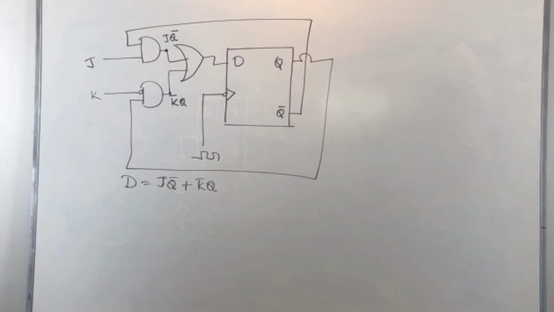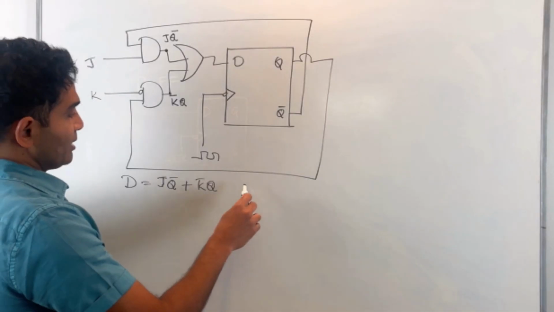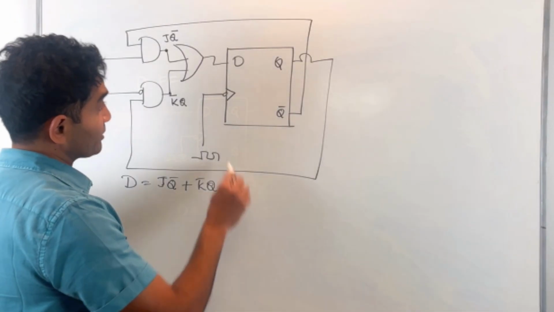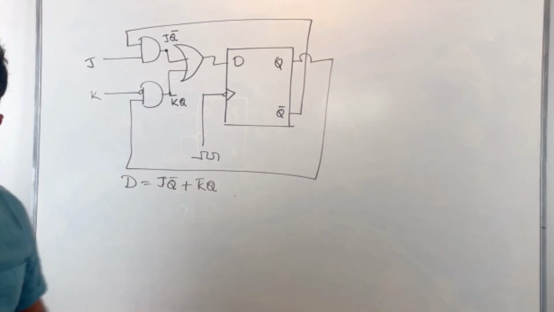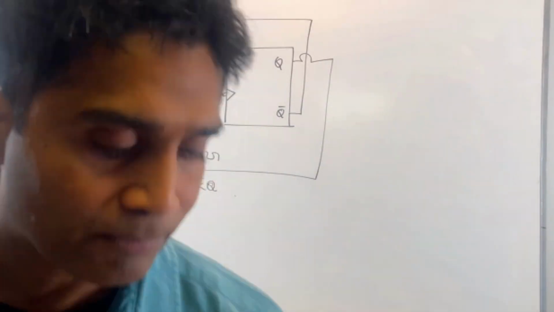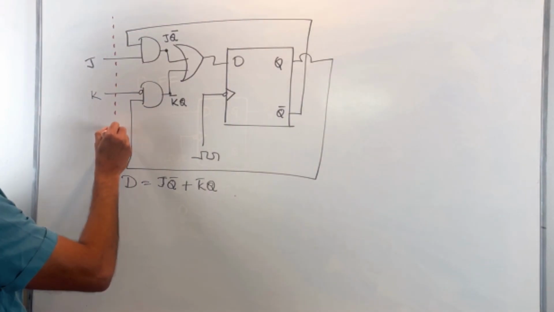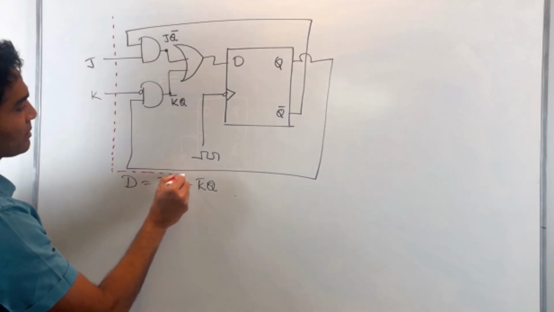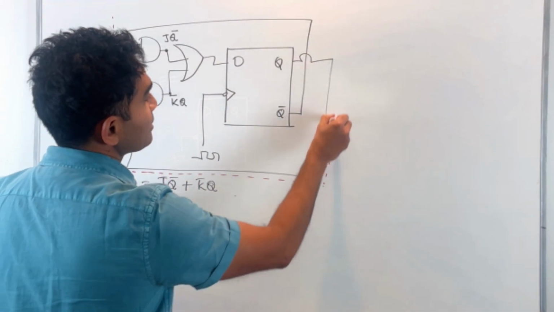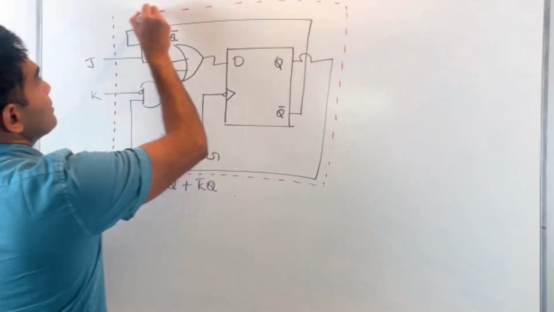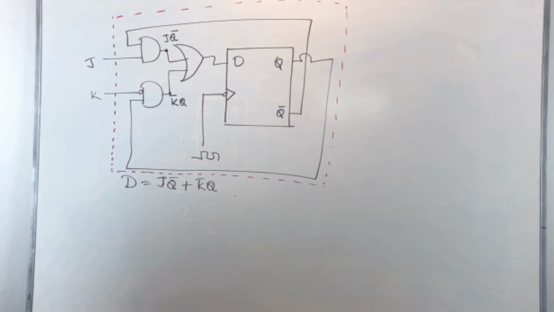So I'm going to quickly go over that characteristic table. So what we found was, you have two inputs for this particular configuration, and we call this the JK flip-flop. Okay, so I have two inputs for that flip-flop. I can just box this up. Inside the JK flip-flop is what you have here.